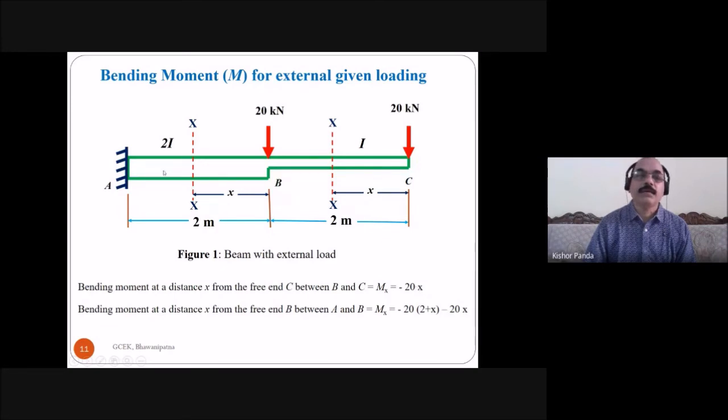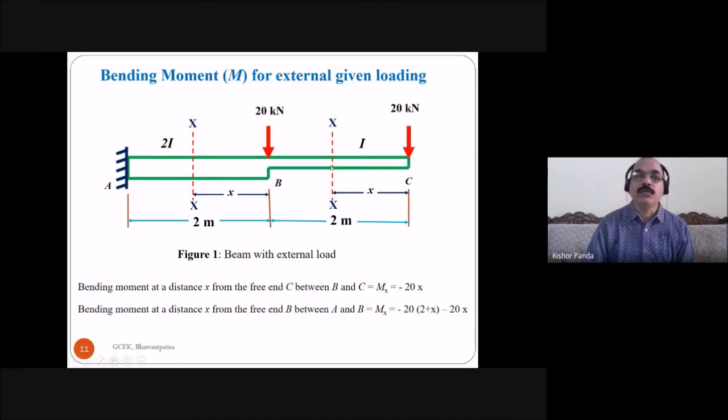Then take another section at a distance x from the point B between A and B, and find the moment here. Mx is equal to, because this distance is x, due to this force, what is the moment here? Minus 20 into x. And due to this force, what is the moment here?